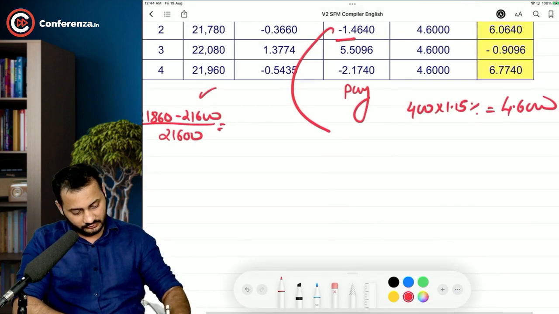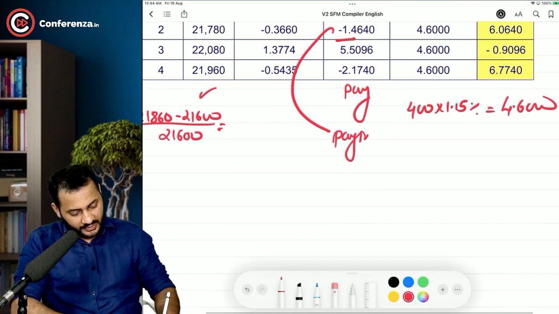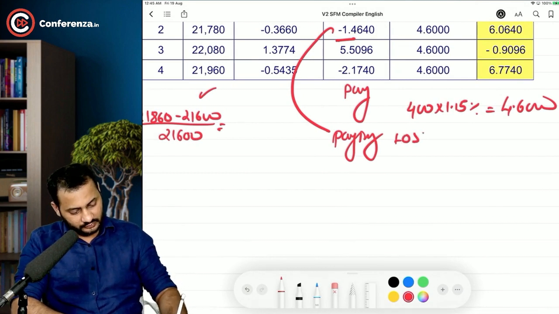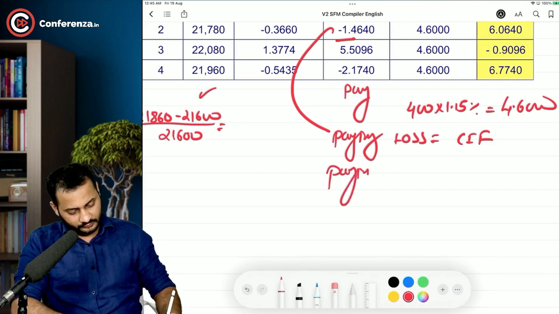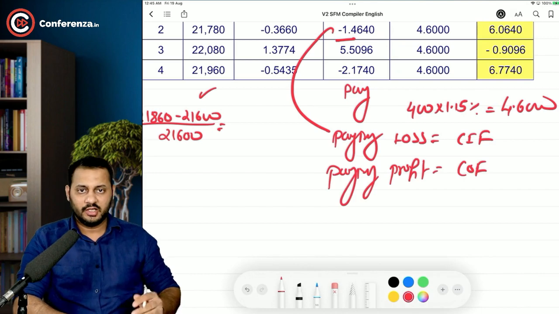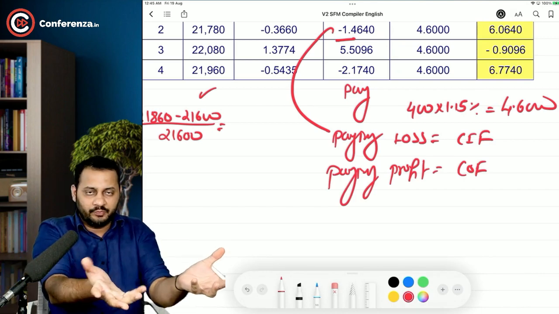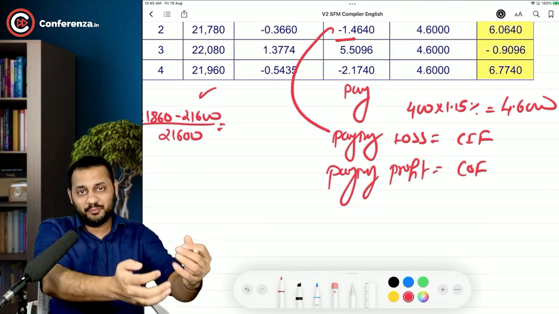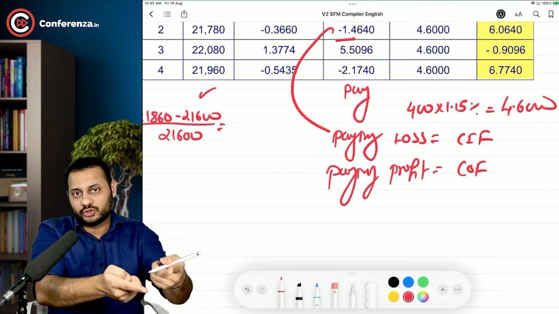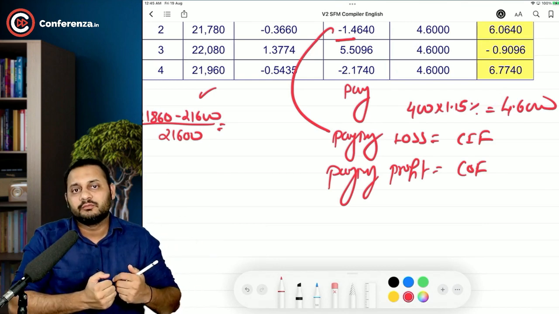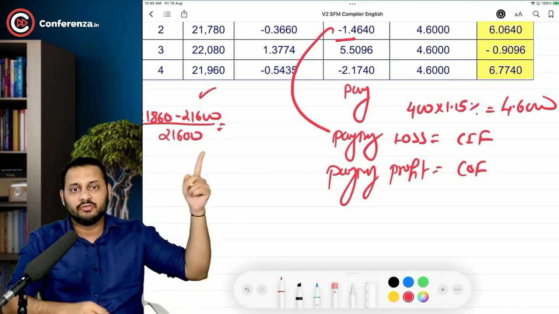See, paying loss means cash inflow. Paying profit means cash outflow. If there is a profit to me and I paid that to you, it's a cash outflow to me. But if there is a loss to me and I pay that loss, means you are bearing the loss for me. You pay me back, because I don't want to bear the loss now. So that will be a cash inflow.